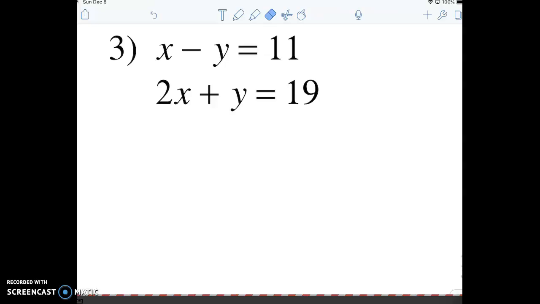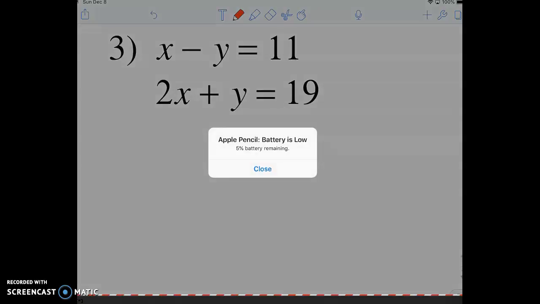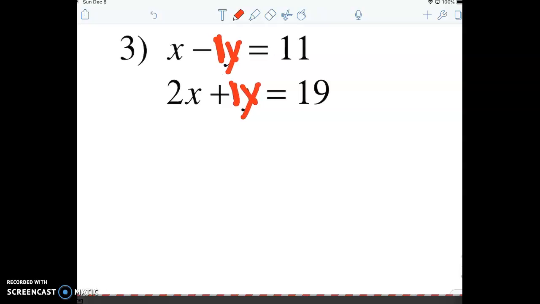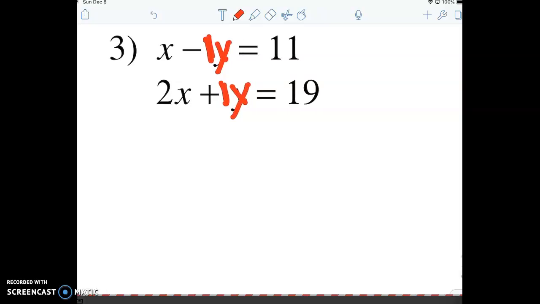Como la y. So I look at the y's. And my y and my y both have 1s in front. Okay. So I need to now go and see, are these opposite?